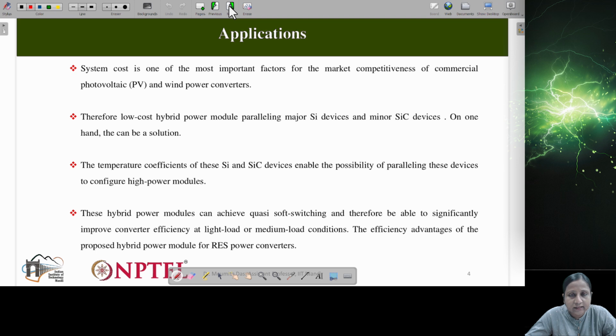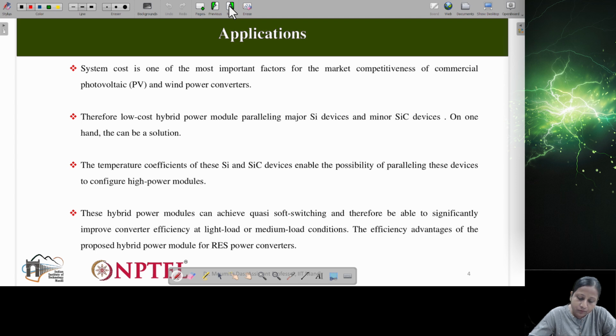Basically, wherever a device needs to be connected in the converter, instead of using a pure wide bandgap device, 2 or 3 devices can be connected in parallel. Out of the 2 or 3, one can be a wide bandgap device so that we have the advantages of wide bandgap devices, and the remaining can be silicon devices, so that the price will not be high, right?